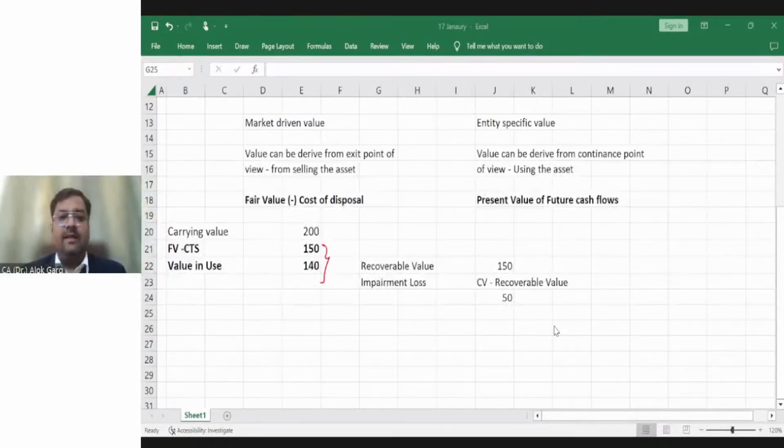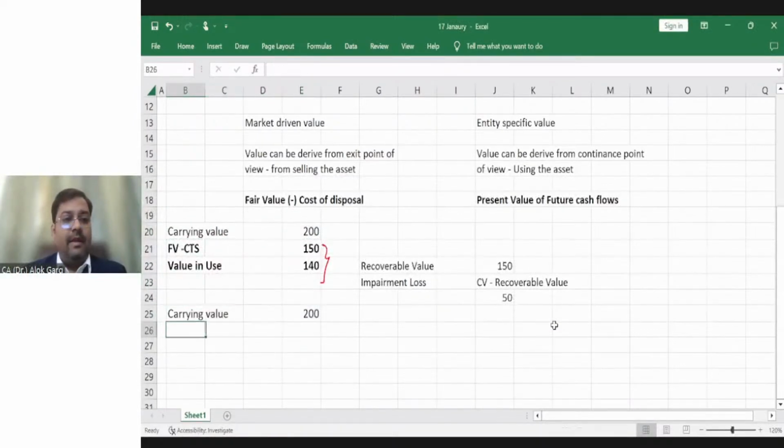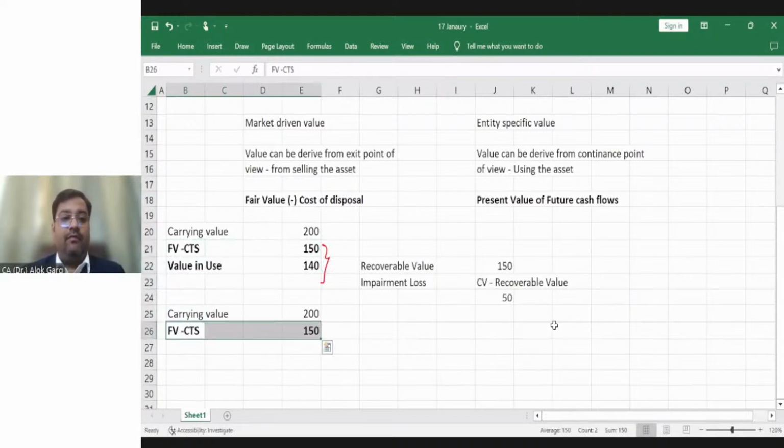Friends, let's continue with this example. For example, here the carrying value is 200 lakhs. And when you calculated fair value less cost to sell, for example, it comes out at 210 lakhs, right?